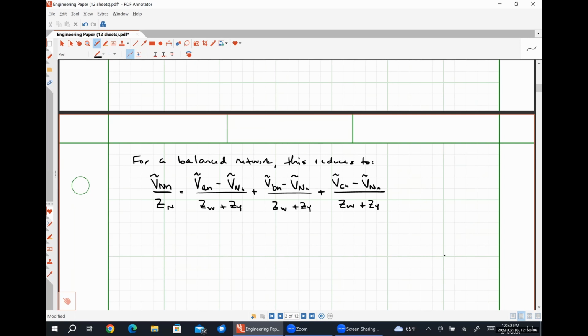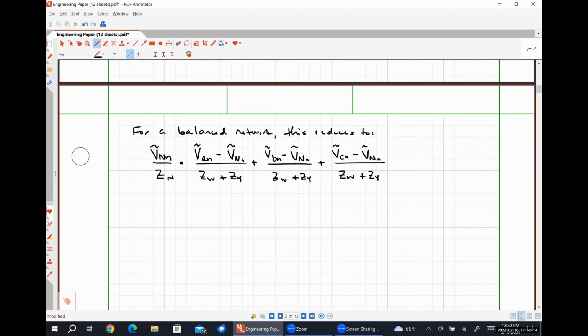Okay. So now I'm going to move all of the VNN terms over to the left-hand side of the equal sign, right?